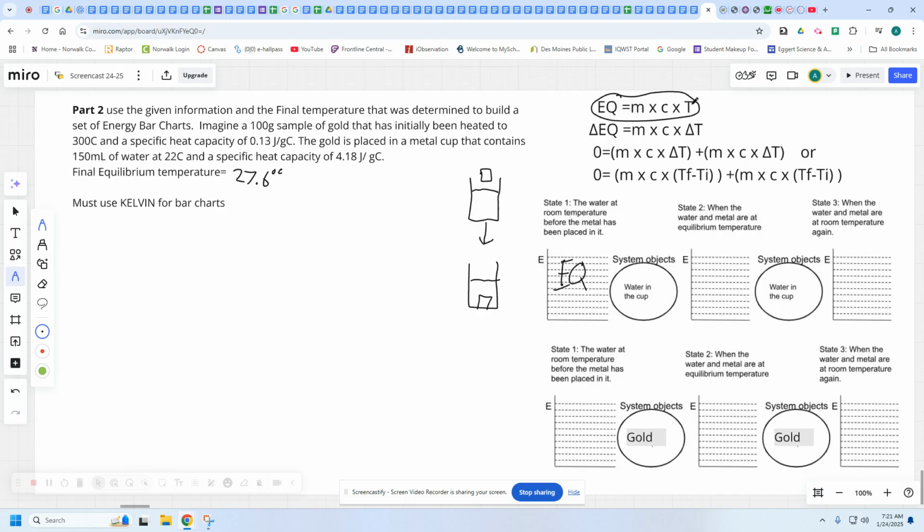So we're going to have to do those calculations, but on these bar charts I want you guys to make sure you're putting your temperatures into Kelvin and not Celsius, since Celsius gives us issues whenever temperature is 0 or negative, and it makes it look like EQ can be 0 when it's really not, or negative EQ, which does not make sense right now conceptually to our class.